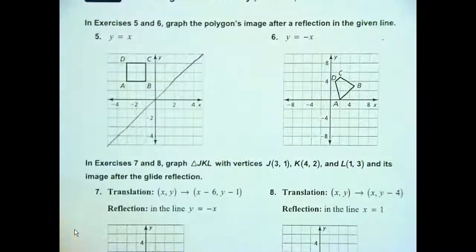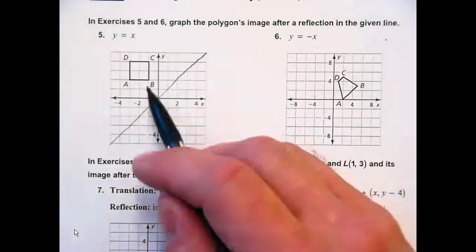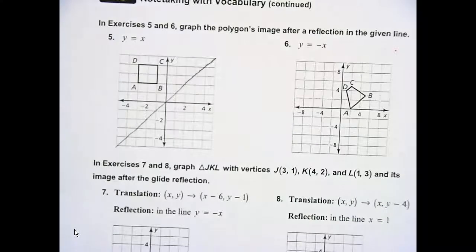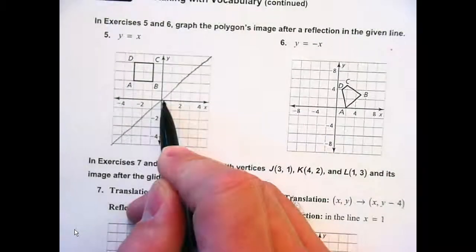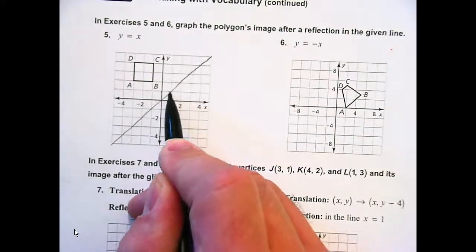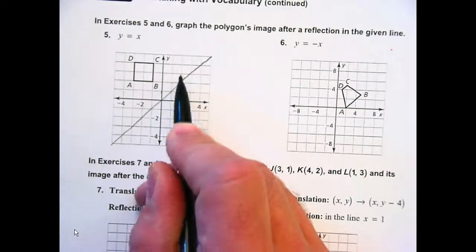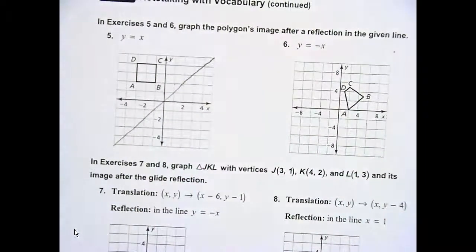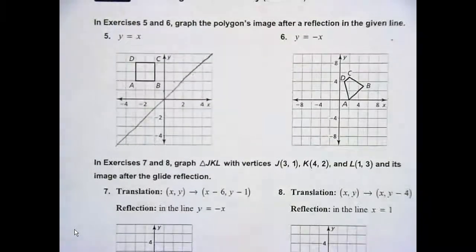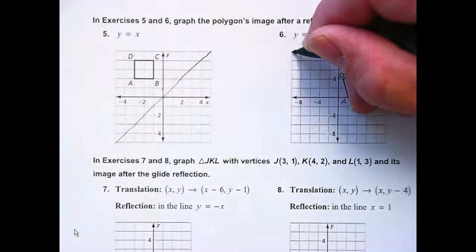If you're doing that one, remember, the other way is y equals negative x. So you think y is 1, x is 1. Y is 2, x is 2. Y is 3, x is 3. Always the same. Versus the other way, which is y equals negative x.